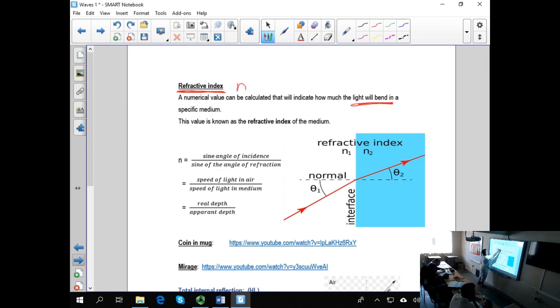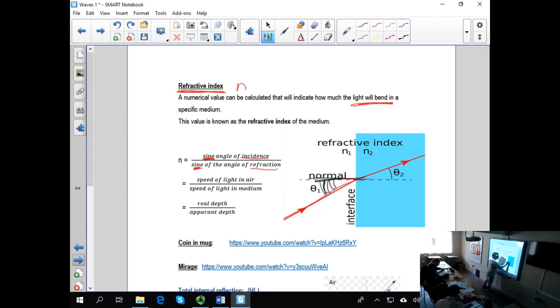Refractive index is represented by the symbol n, and it's calculated by taking the sine, a lot of math, of the angle of incidence. So where's our angle of incidence? Between the ray and the normal. So there is the angle of incidence. You measure it with your protractor, and then you have to work out the sine of the angle of incidence, and we divide it by the sine of the angle of refraction.